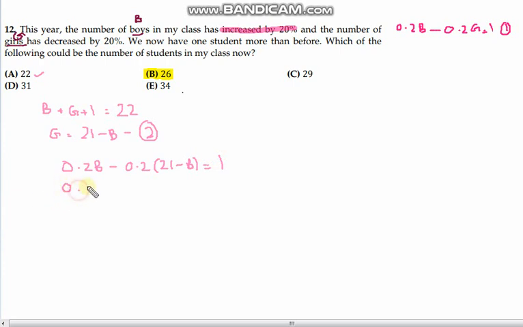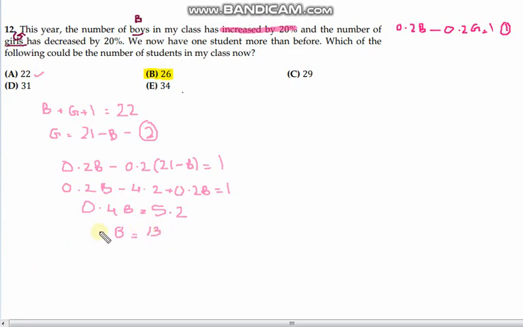We have 0.2B minus 4.2 plus 0.2B equals 1, which means that 0.4B equals 4.2 plus 1 is 5.2, and B equals 5.2 divided by 0.4, which is 13.